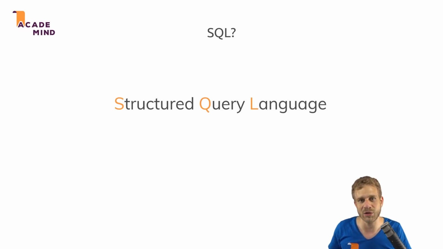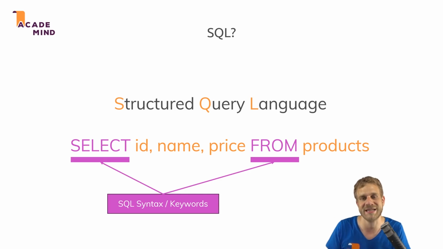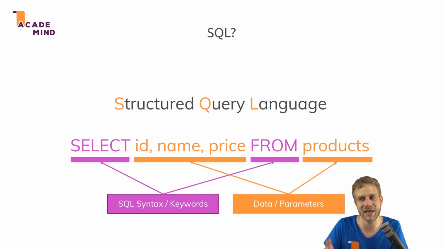In the end, SQL is a language that allows you to write database queries that look something like this. Now, there are more commands than just the select command, but this is how you create such queries. You have certain keywords, certain syntax features like the select keyword or the from keyword, and you add your own data, like select which fields from which table in this example here, so that you can retrieve the data from the database you need.